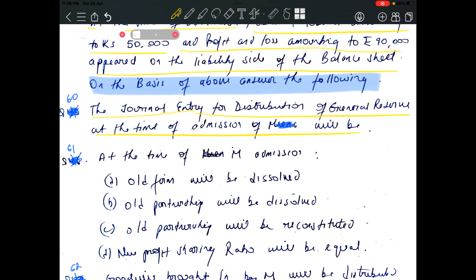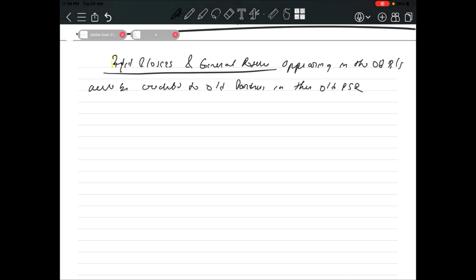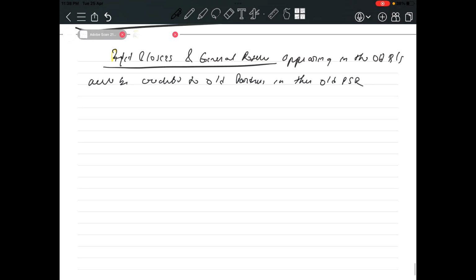Okay, so see what's the requirement of the question. Question number 60. The journal entry for distribution of general reserve at the time of admission of M. Okay, so basically we have to pass a journal entry for distribution of general reserve, right? So general reserve will have credit balance. So when we distribute this to all partners, what will be the journal entry?